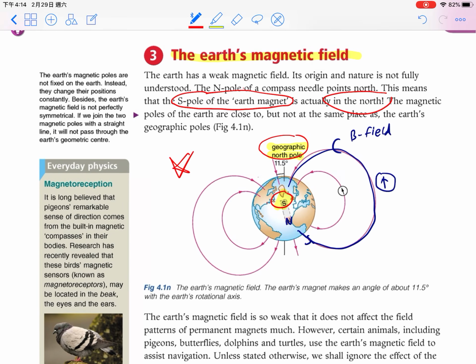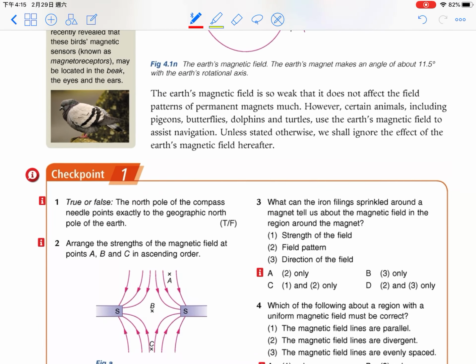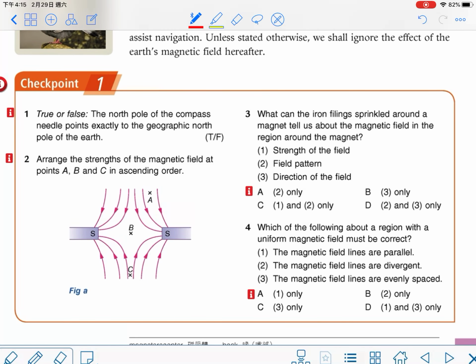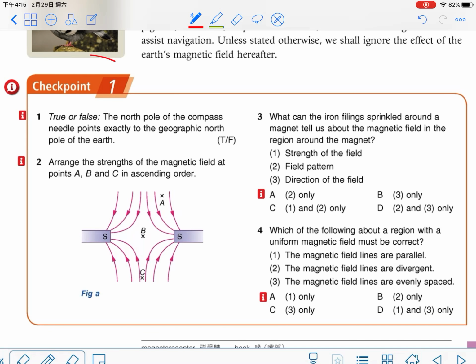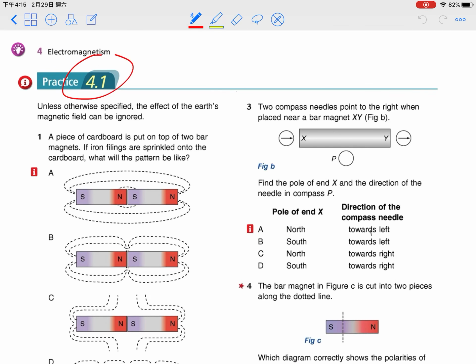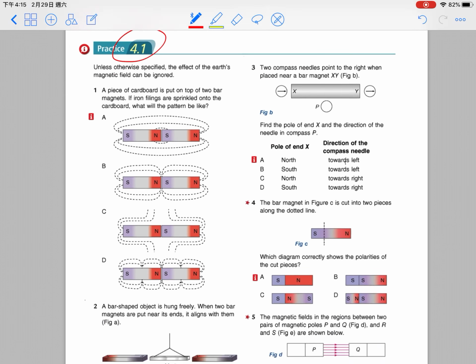Okay, this is the end of chapter 4.1, magnetic field and magnetic force. Now maybe you try chapter 1, questions 1, 2, 3, 4. Have a try. At the end of this video, I will show the answer to you. And then practice 4.1.